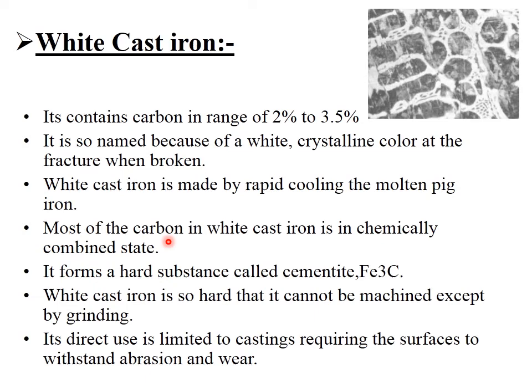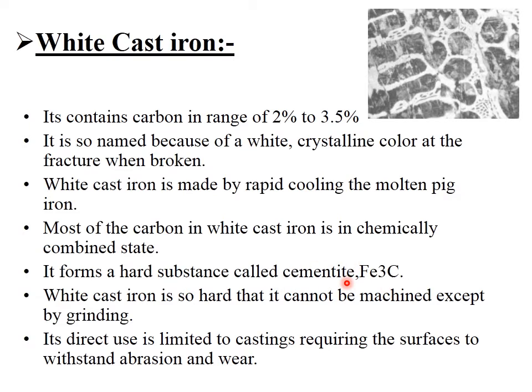It is different in nature if we compare white cast iron with the previous cast iron, the gray cast iron. In white cast iron, most of the carbon is in a chemically combined state. The carbon is not in a free state, unlike gray cast iron, but is chemically reacted in the form of the cementite phase.